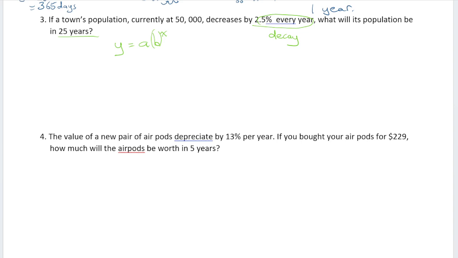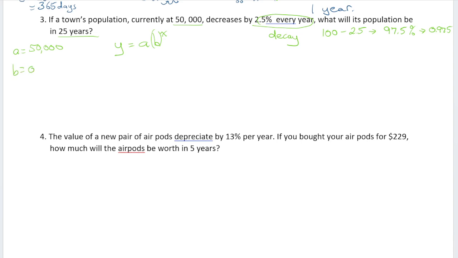So let's pick out what it is. So it starts at 50,000. That's our A value. That's the number in front of the base. Then it decreases by 2.5% every year. This is like depreciation. So this means we need to do 100 minus 2.5 to get our decay rate, and that will give us 97.5%, or 0.975.